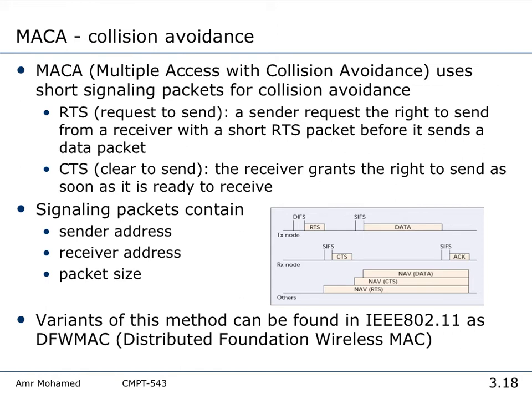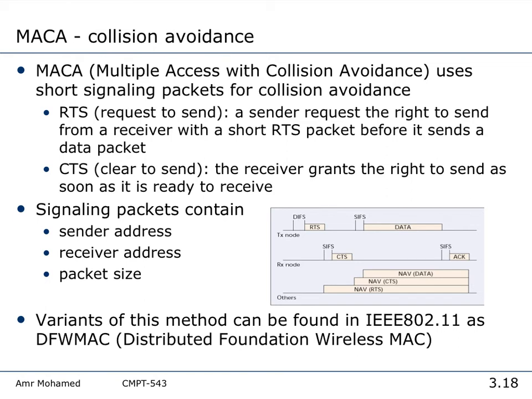Okay, so basically, what happens is that we know that when we find the medium idle, okay, we sense first. We see whether somebody is sending on the channel or not. If the channel is idle, then what happens is that we wait for a small period of time, which is called DIFS. In this DIFS, we try to make sure that there is absolutely no transmission on the channel.